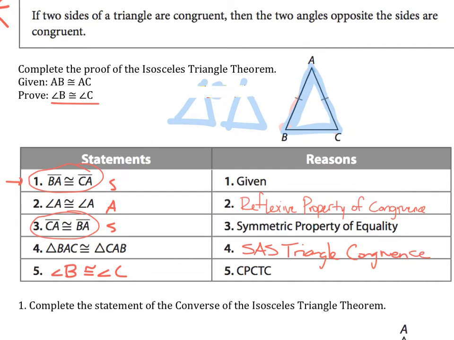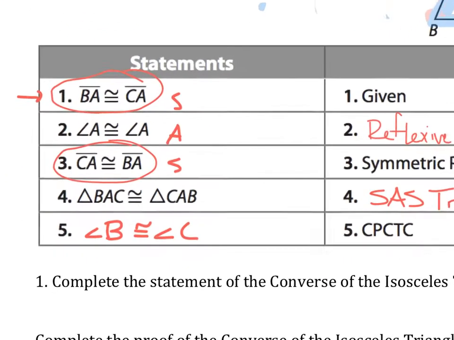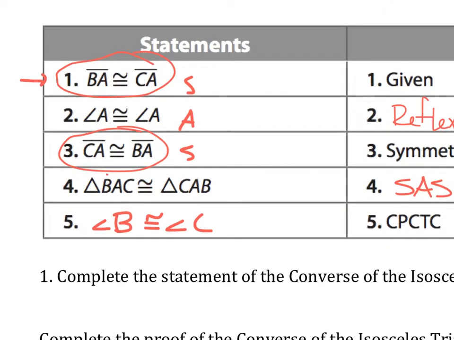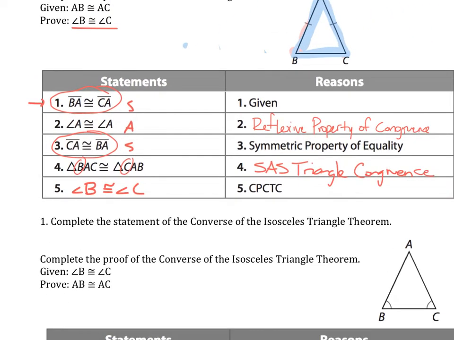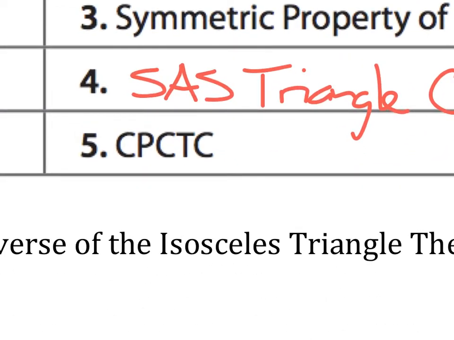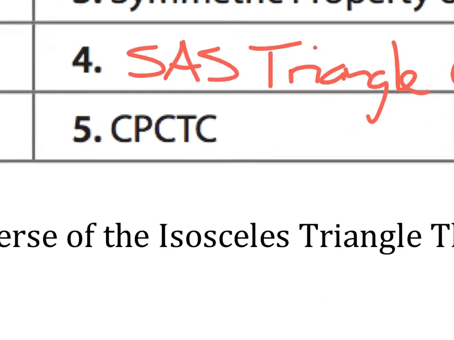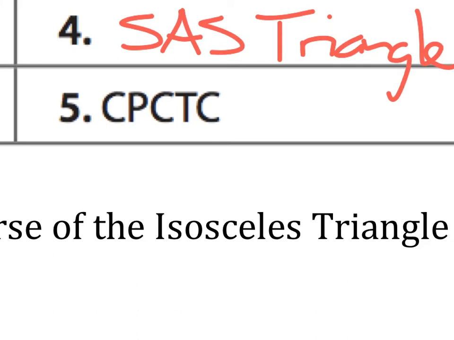And so therefore, since those two triangles are the same, we can see that angle B, that lines up first, has to be the same as angle C, which also lines up first. And this right here, CPCTC, you've probably seen it before. Hopefully you have. You should have.